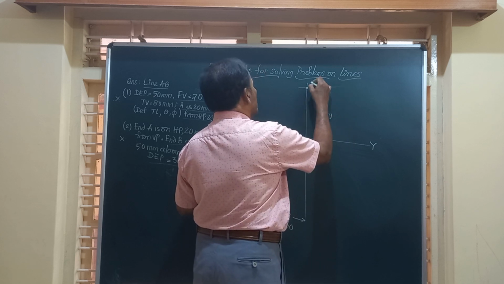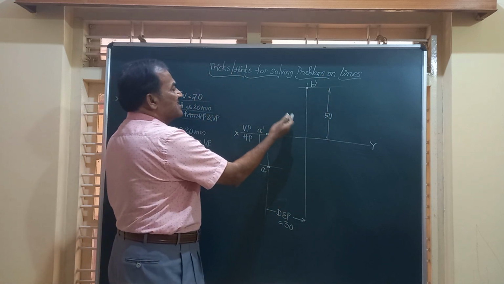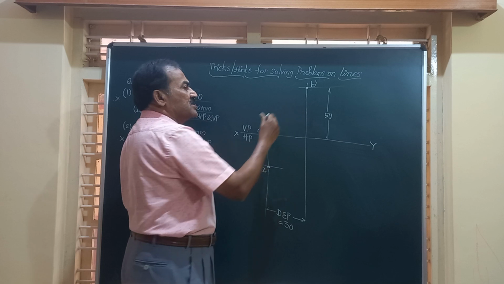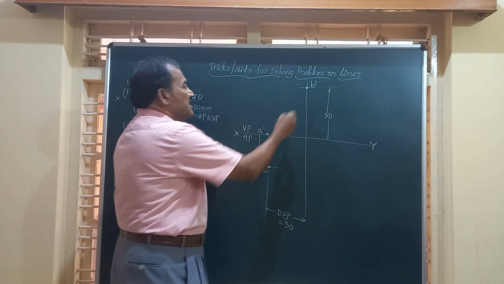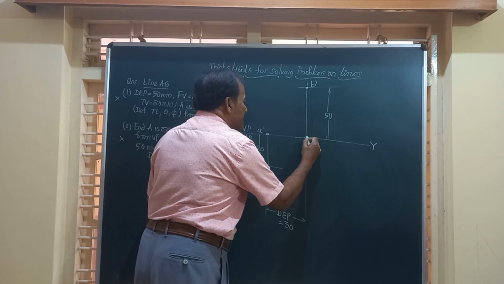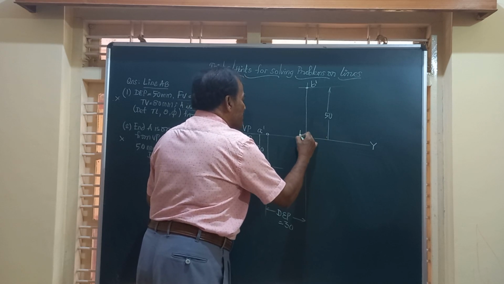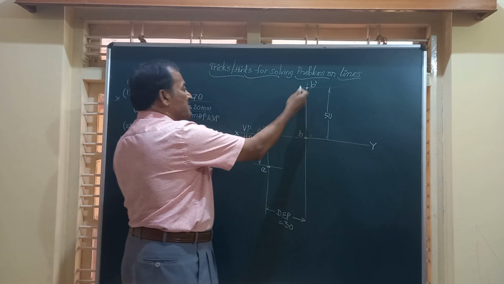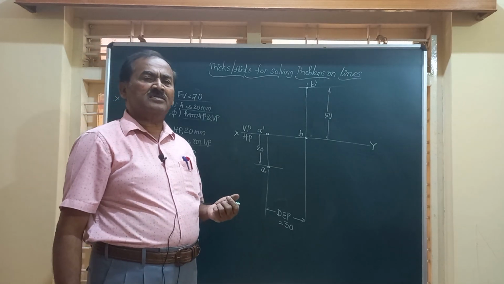That point is going to be B dash. So B dash is the front view of the end B. Since the point is on VP, its top view is seen on the same line on XY. And this is going to be the point B. So we got the front view and top view of both the ends of the line.